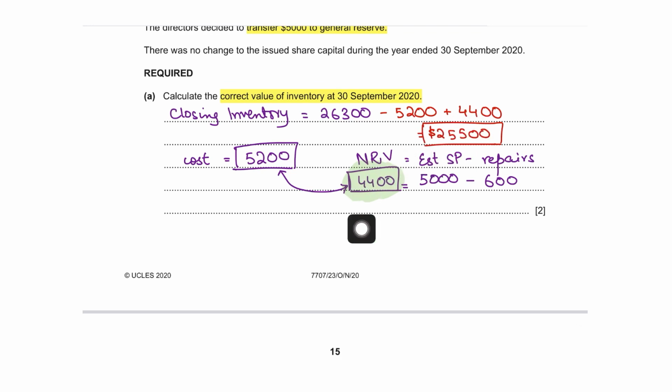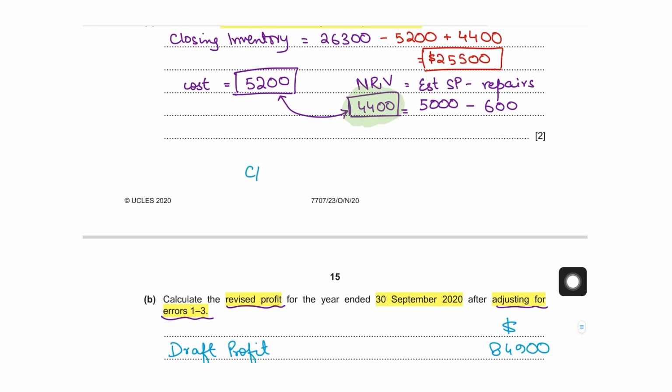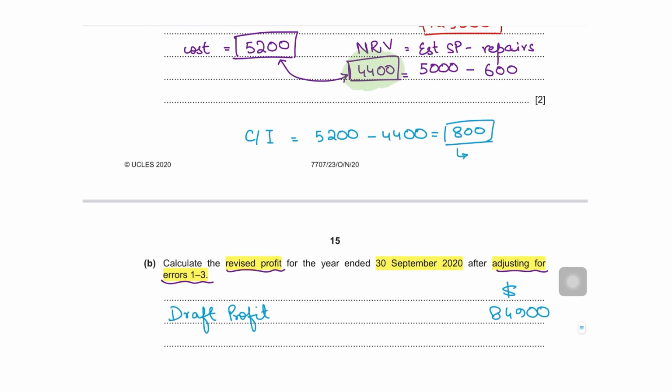So can we find out by how much we were overstating the closing inventory? Yes, we can, by taking the difference between the cost and the NRV. So that will be 5,200 minus 4,400, which is 800. Previously my inventory was overstated by 800. Now establish the relationship between closing inventory, if that is overstated, and profit.